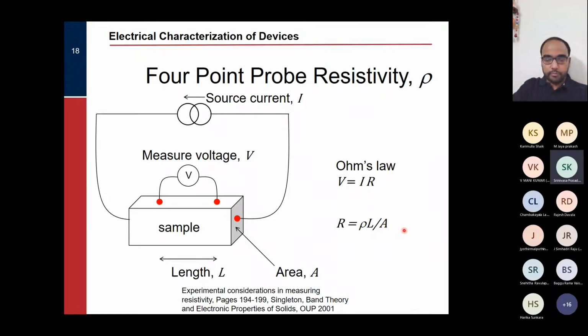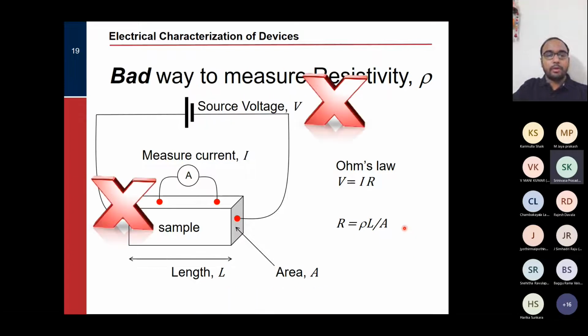Now that method is quite good, but if I do it in this particular manner, let's say I apply the current on the sample and I measure the voltage from these 2 points, then that will again give me an error. Why? Because if I'm applying the current here, that means the current will only flow between these 2 points.